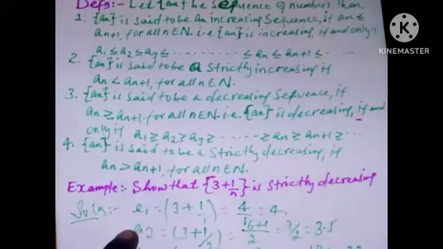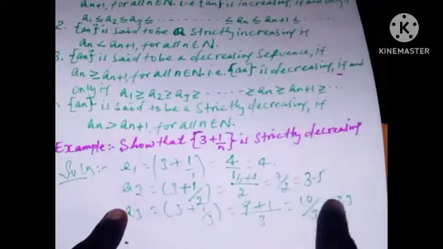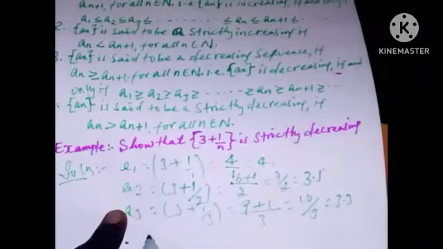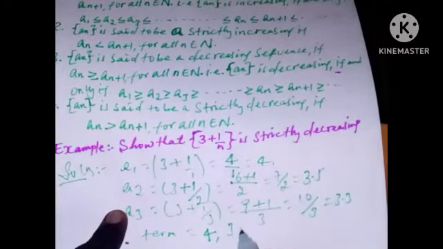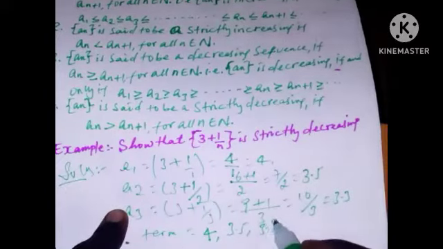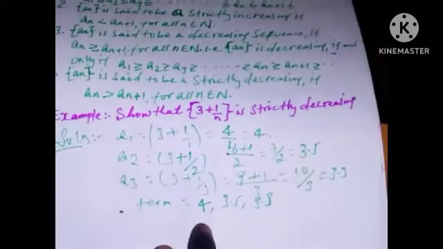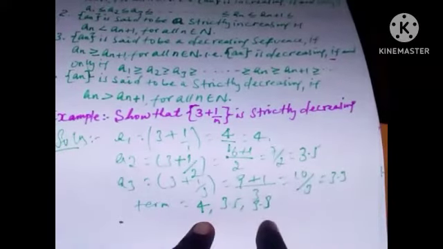Here we have the terms of the sequence: 4, 3.5, 3.3. If you have terms of a sequence like this, the first one is greater than the second one, which is greater than the third one.